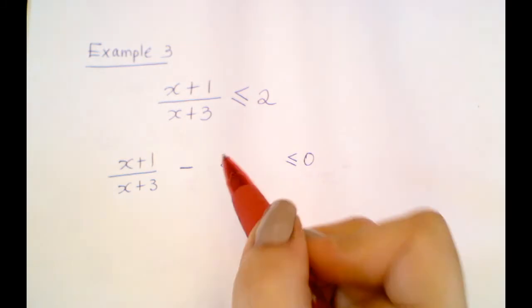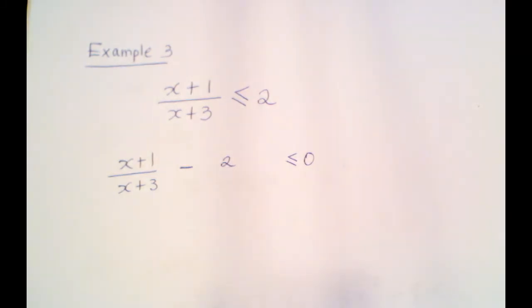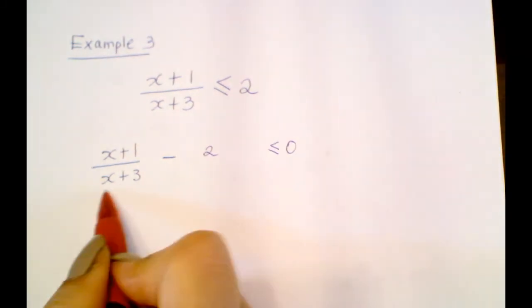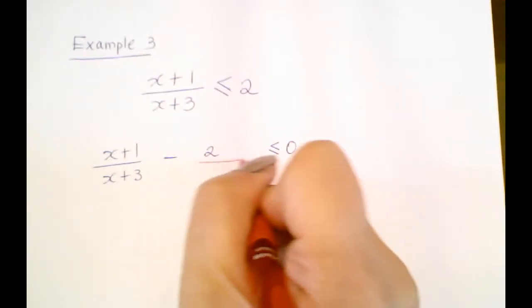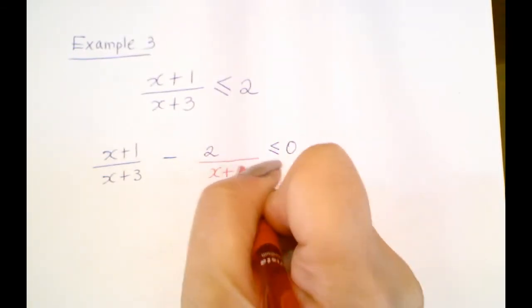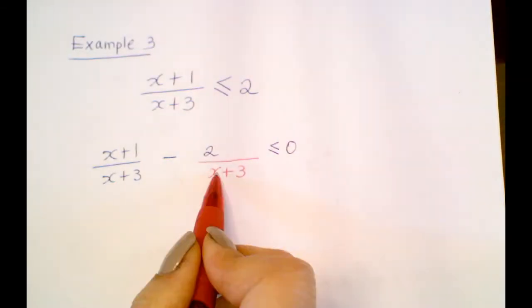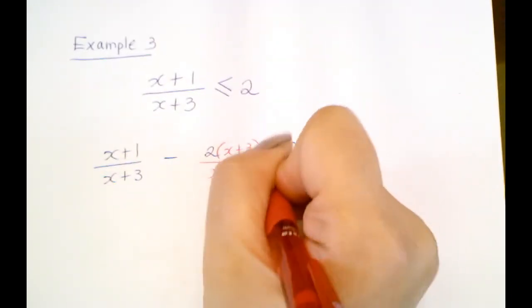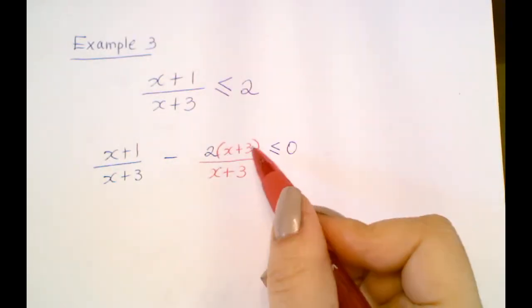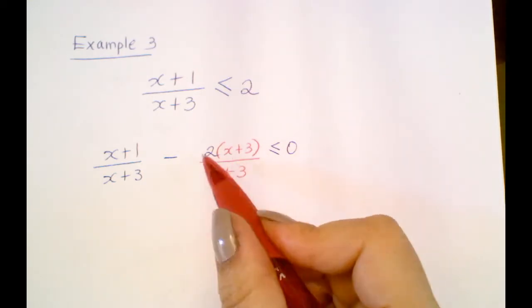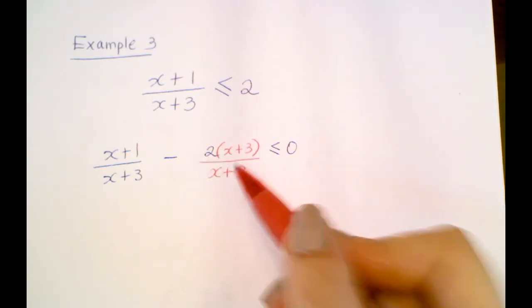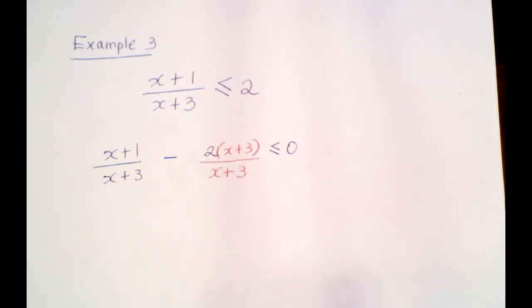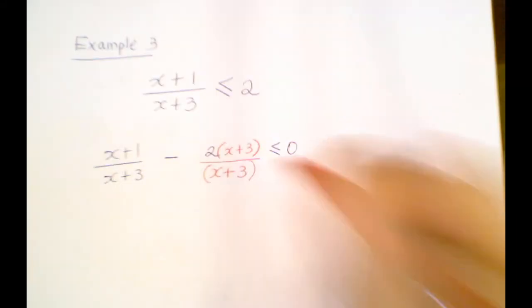Because I'm about to make this 2 into a fraction that we can subtract from this first fraction. I'm going to have x + 3. I copy that denominator here, but I'm not only putting that in the bottom of the fraction. I should have that on top too, so we're really just multiplying this 2 by 1. So we're not really changing the inequality or this value. We're just making it so that we can actually subtract them.